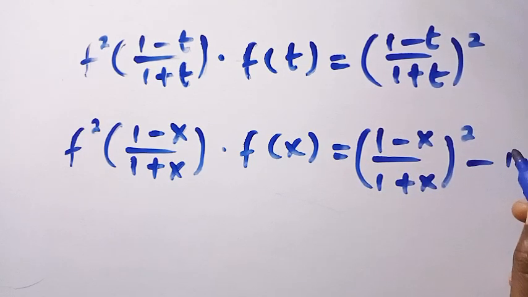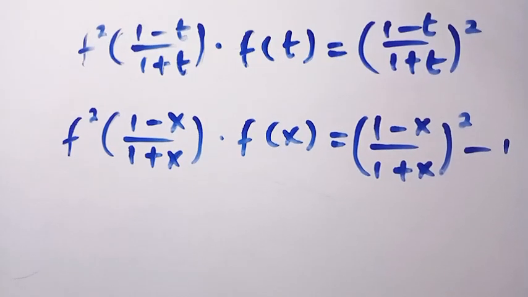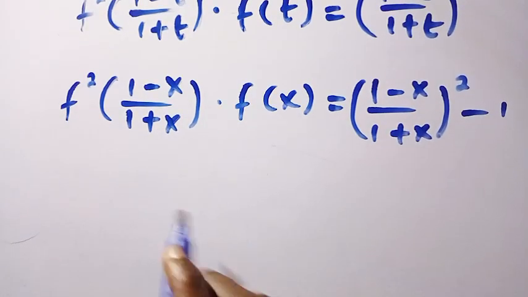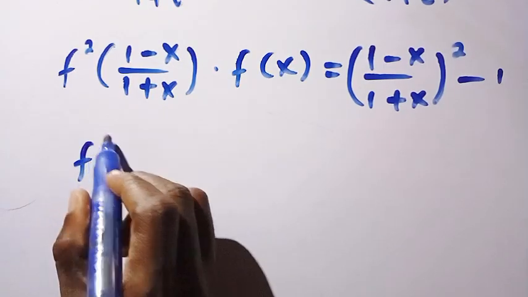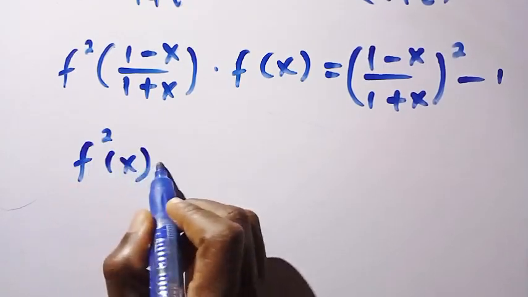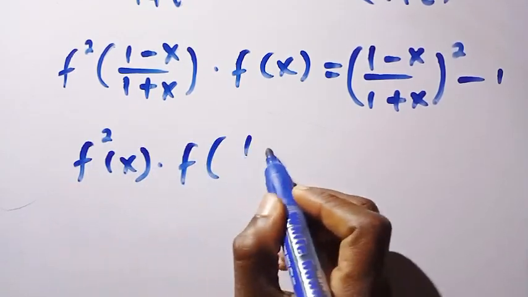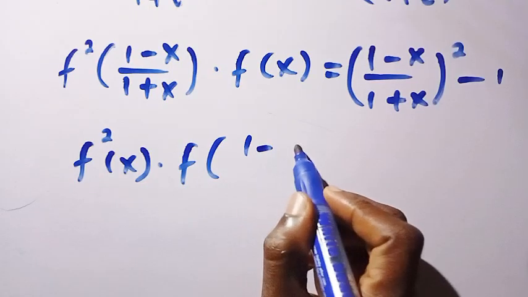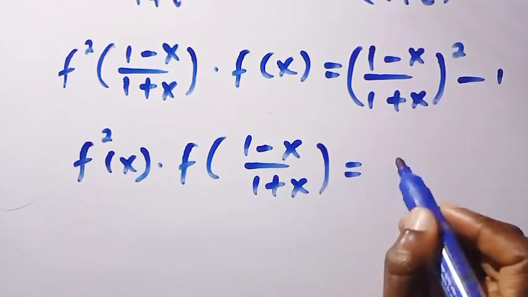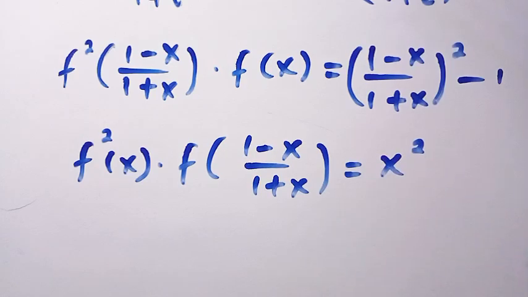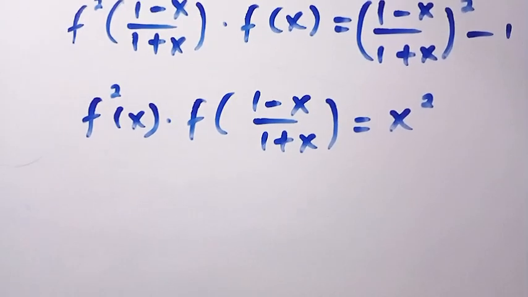If I call this equation 1, let's recall the first given equation, which is f squared of x multiplied by f of (1 minus x) divided by (1 plus x) equals x squared. Suppose I square both sides.